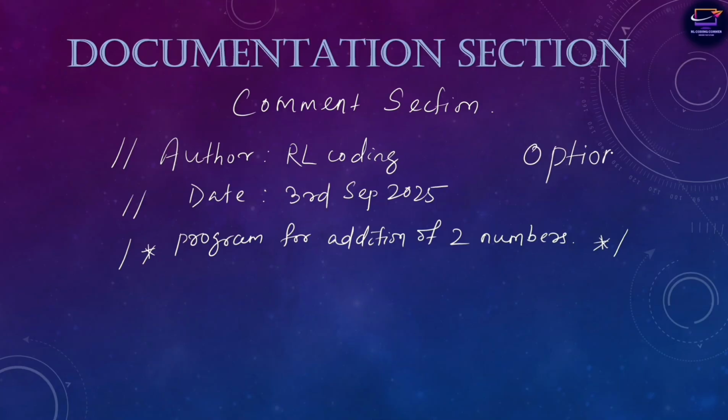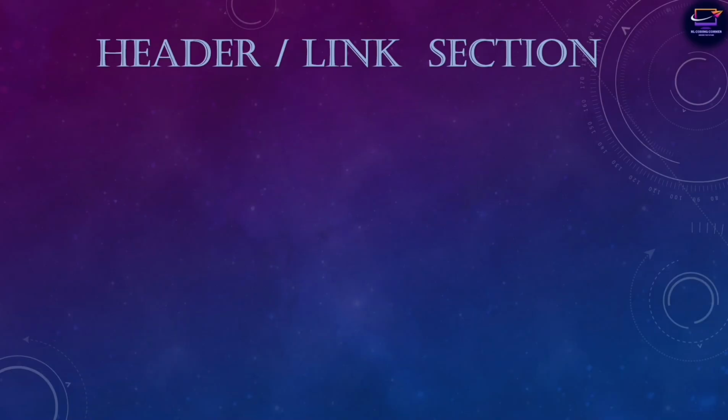Generally, when we write a program, we don't include this section, but it's better to include it, and it is an optional section. Clear? Next, coming to the second section, which is the header section or link section.